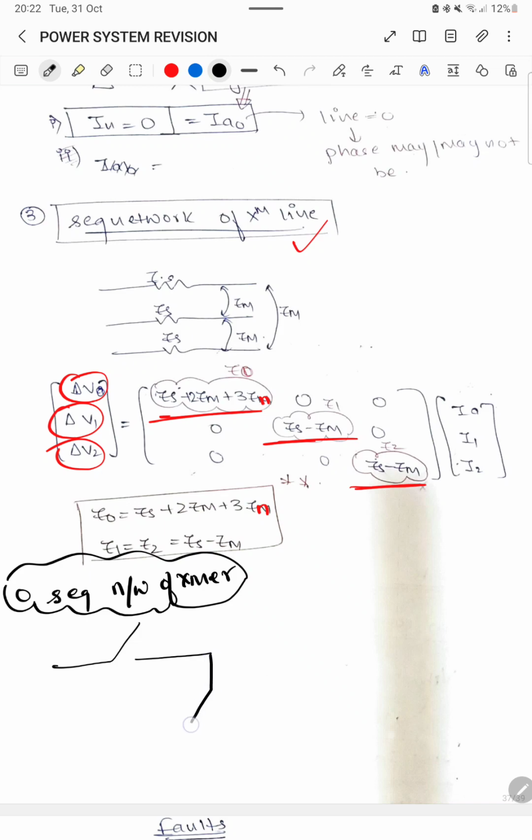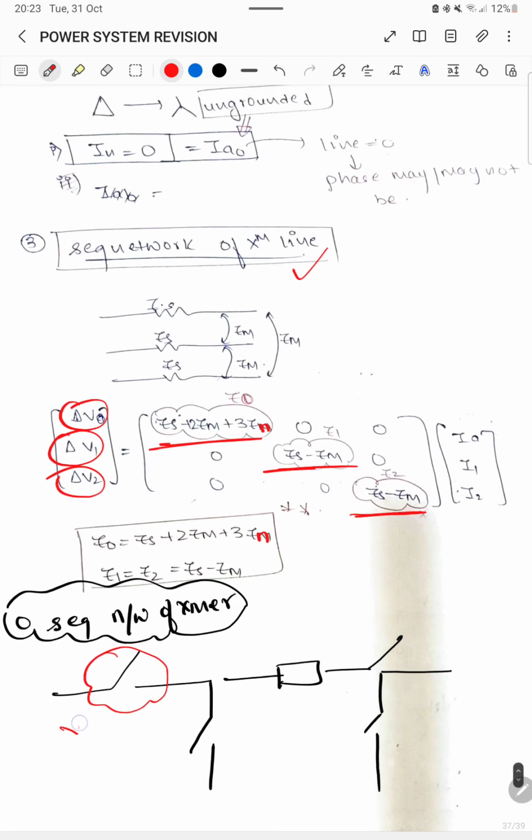Here you will have two switches, for primary and secondary. So let's say the series connection is for star grounded, and the parallel connection is for delta.